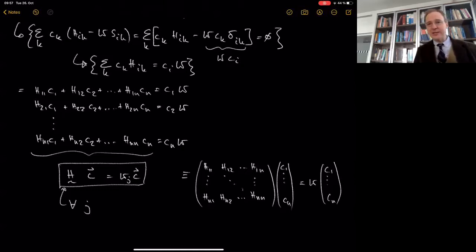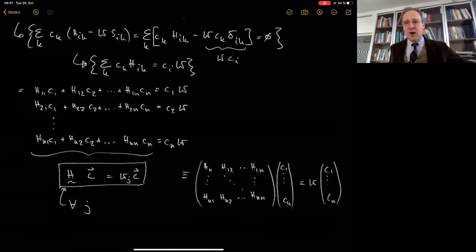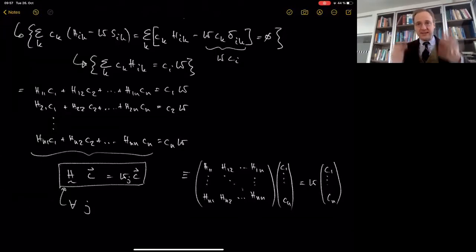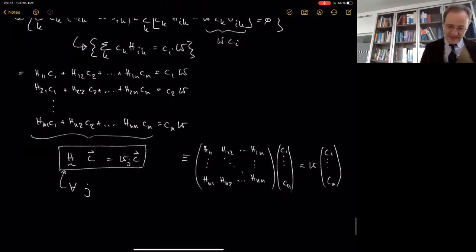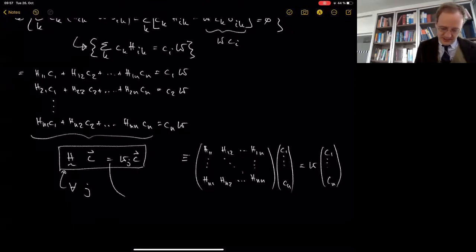But this equation is a funny equation. What you see here is something operates on your coefficients, which represent the state, and what you get then on the other side are your coefficients again with a number in front of it. And that, of course, is nothing else than an eigenvalue equation.